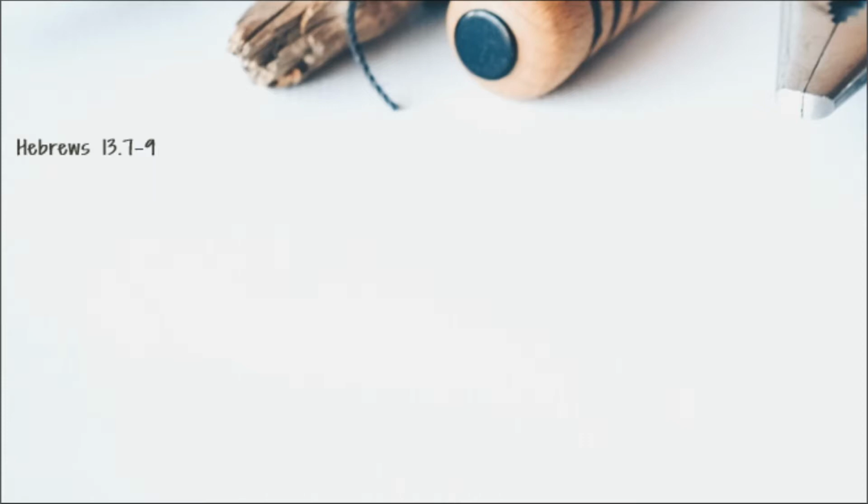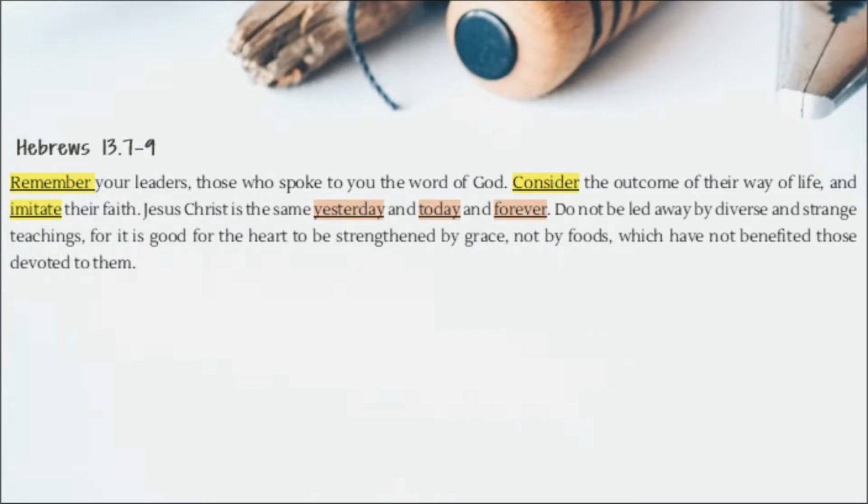Remember, consider, imitate. That is correct. Remember, consider, imitate. So Hebrews is saying, remember your leaders, your pastors, the ones who the Lord has put at the head of you. Consider the way that they live and then imitate them as they follow Christ. It's kind of like Paul saying, follow me as I follow Christ, right?